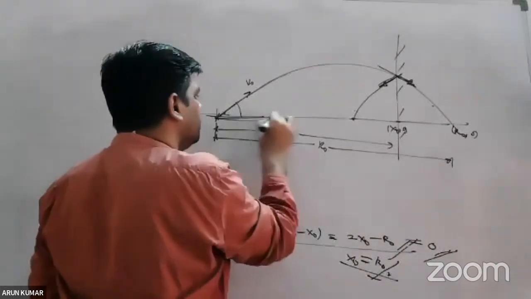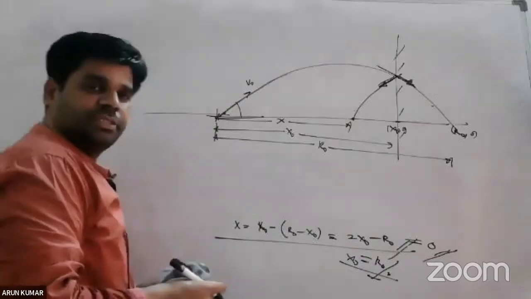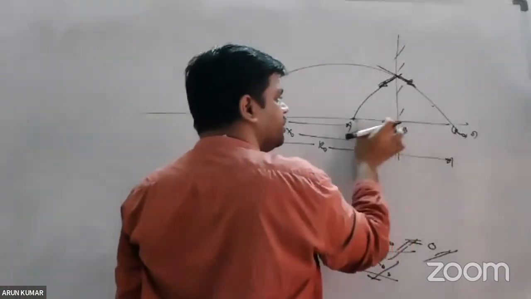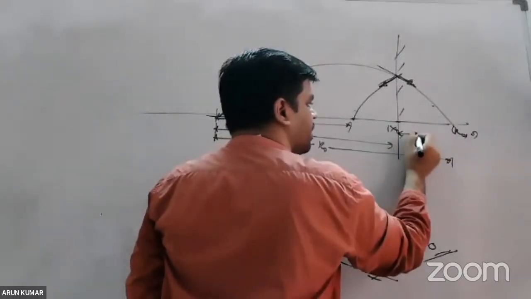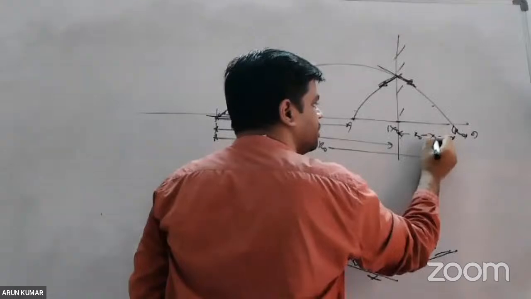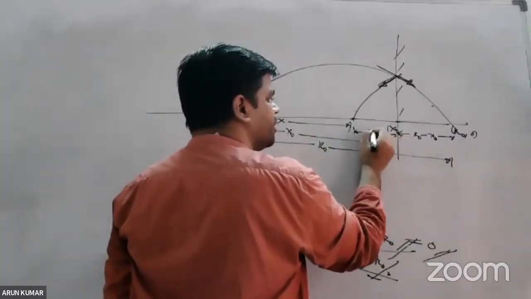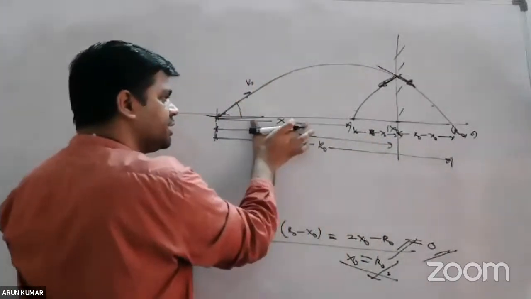What I need is x. Now look at this, Divya. This is equal to this, right? And how much is this? R naught minus x naught. And so how much will this be? R naught minus x naught. If this is R naught minus x naught, this total is x naught. What is x?